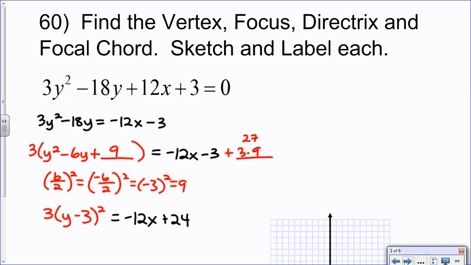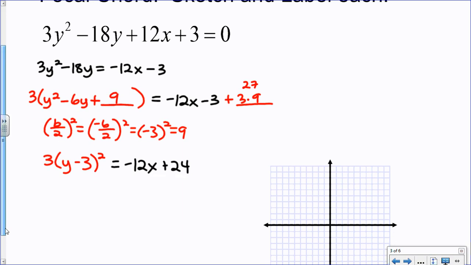So for now, what I need to first do is factor out a negative 12, so I can get the x with a leading coefficient of 1 on the inside. I'm going to factor out the negative 12, so then I get x minus 2. So that negative 12 is on the outside. The x is just 1.